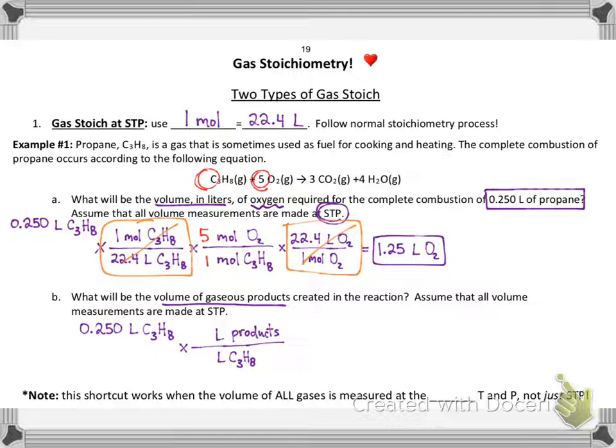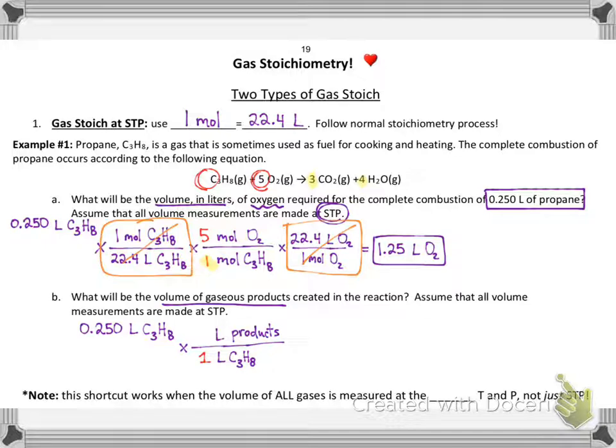You might be thinking, sure, this sounds great, but where the heck am I supposed to find a liter to liter ratio? Well, you find it the same way that you found a mole to mole ratio, using the balanced equation. So we're still starting with 1 liter of C3H8 in our ratio, just like there was 1 mole. But now, since we're looking at all the products, well, there's 3 moles of gaseous carbon dioxide produced and 4 moles of gaseous water produced.